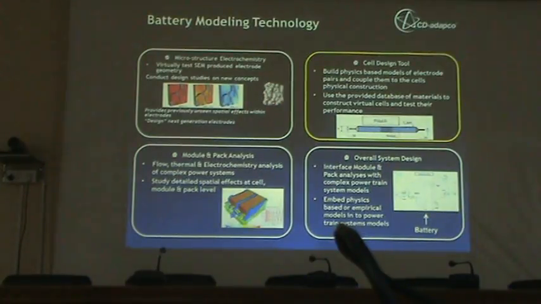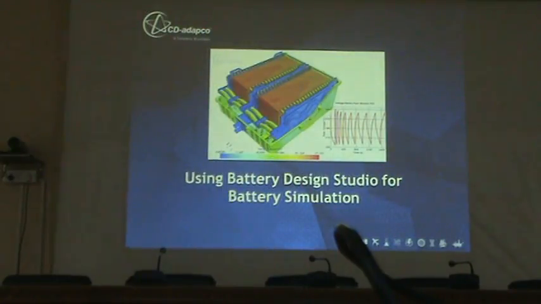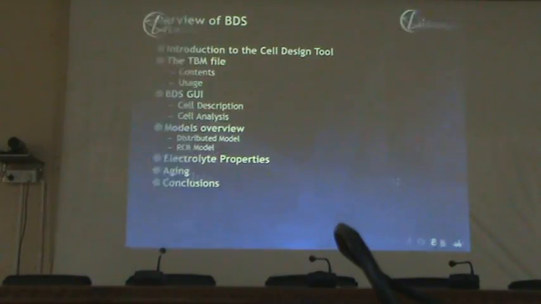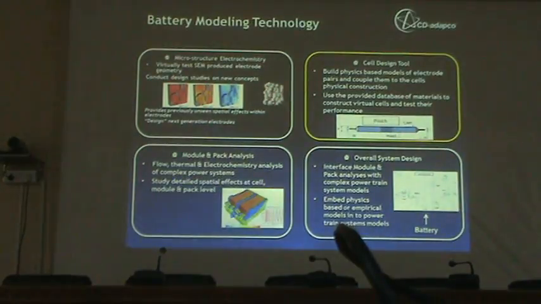So first I'll be starting with a cell design tool which is called Battery Design Studio. I come from a CFD background, so I work on multi-phase flows which are used in oil and gas and chemical industries, and my intervention comes here and here.